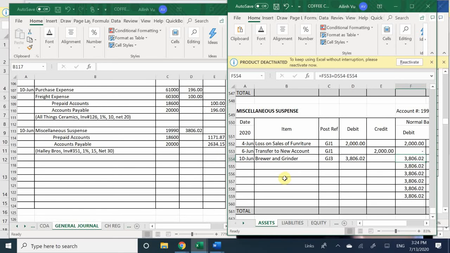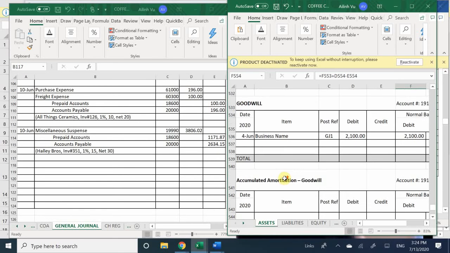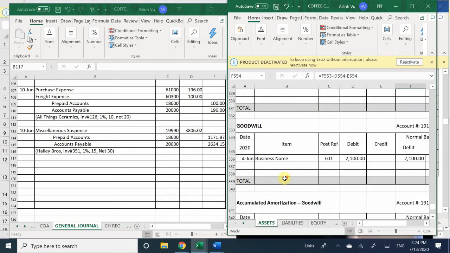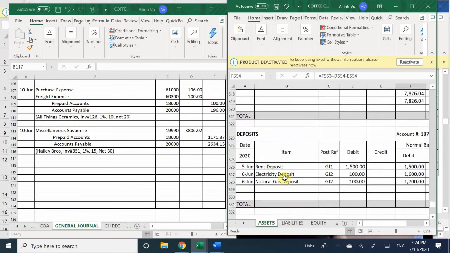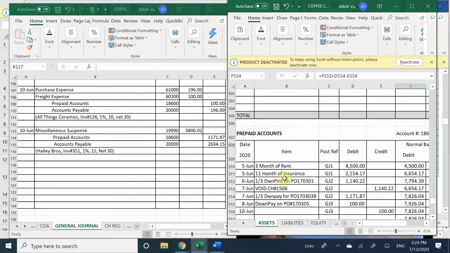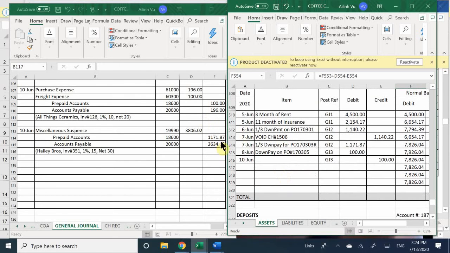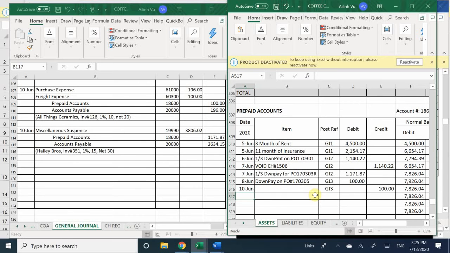And then if you go one page above that, you should find your prepaid accounts. Prepaid accounts, yes.